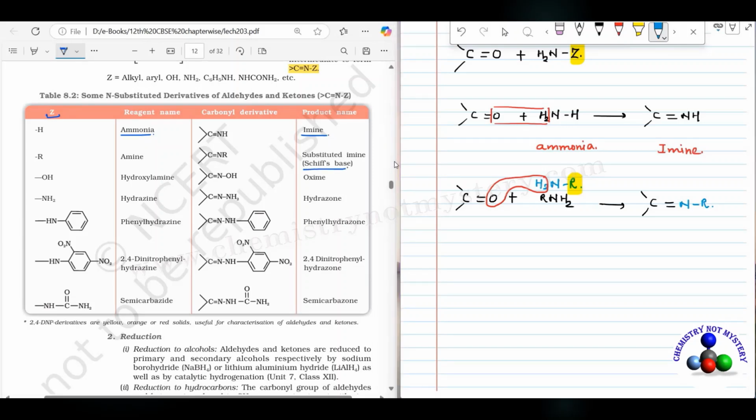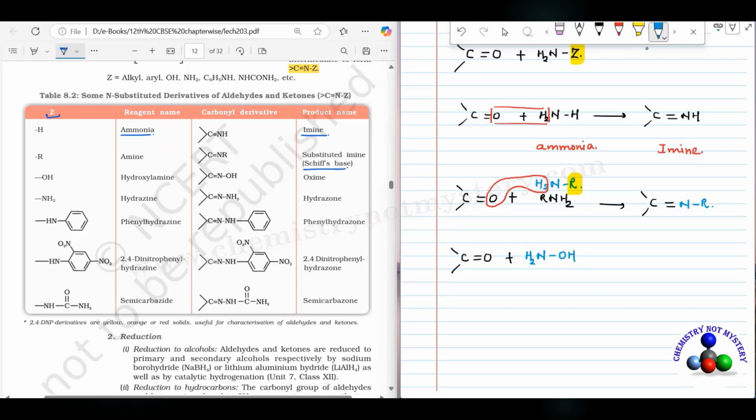Now if the Z group is OH, now write the reaction. Here this is C double bond O. When it reacts with hydroxylamine, hydroxylamine means here this is H2N and the Z group is OH.